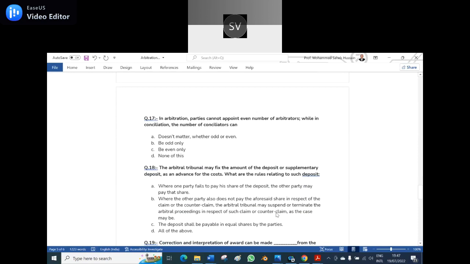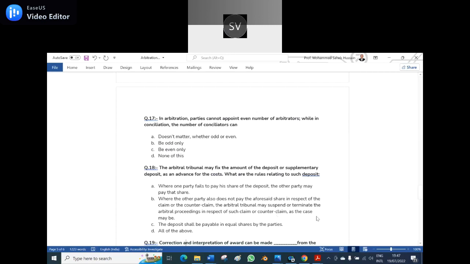And 18th question. The arbitral tribunal may fix the amount of the deposit or supplementary deposit as an advance for the cost. What are the rules relating to such deposit? Option A, where one party fails to pay his share of the deposit, the other party may pay that share.